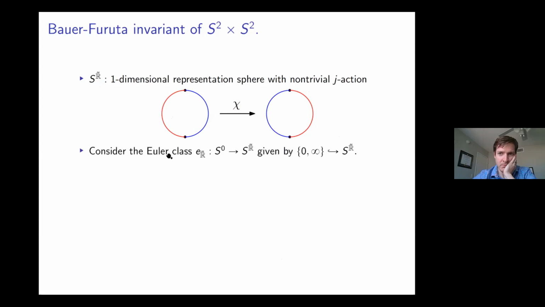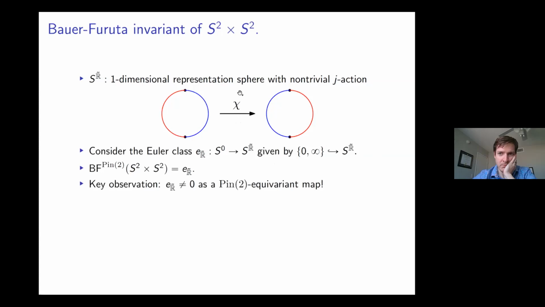Now we can consider a specific map from S^0 to S tilde, namely the inclusion map of these two black dots, 0 and infinity, into this one-dimensional sphere. We call this map the Euler class. It turns out that the Pin(2)-equivariant Bauer-Furuta invariant of S^2 × S^2 is given by this inclusion map. And now here is the key observation.